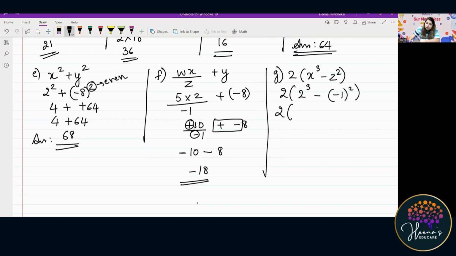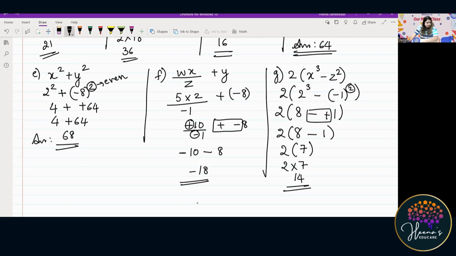So 2 bracket, 2 into 2 into 2, that gives you 8 minus, now again, 1 minus 1 square. So 1 into 1 gives you 1, and minus into minus is going to give you positive. So you have 2 bracket 8. You have plus and minus consecutive signs, so I'll put a minus 1. That is 2 and 7. 2 into 7 gives you a 14. So your answer is 14.